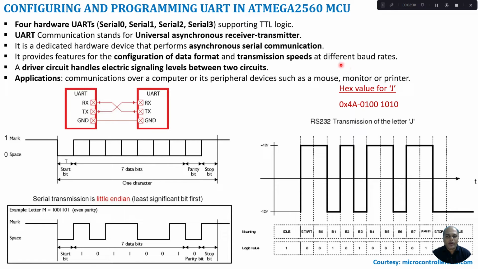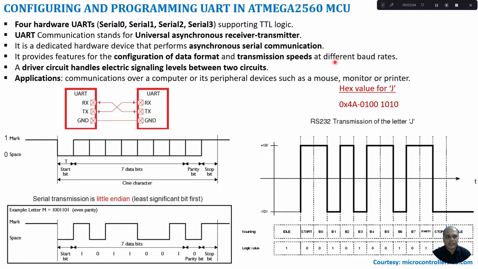And this UART protocol works with different voltage levels. For example, in a microcontroller, logic 1 is represented by 5 volt, logic 0 is represented by 0 volt. Whereas in case of a computer, logic 0 is represented by plus 12 volt and logic 1 is represented by minus 12 volt.